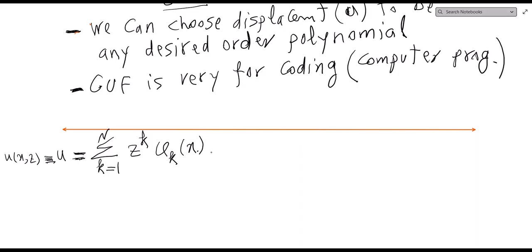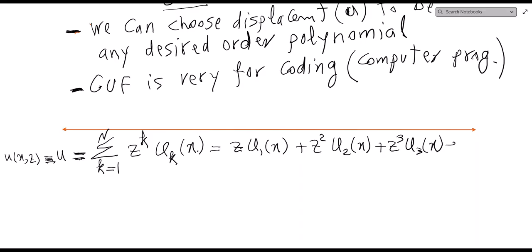And then if you expand this for a few terms, for k=1 it becomes z phi_1x. This is the functionality, plus z to power 2 phi_2x, plus z to power 3 phi_3x, and so on.